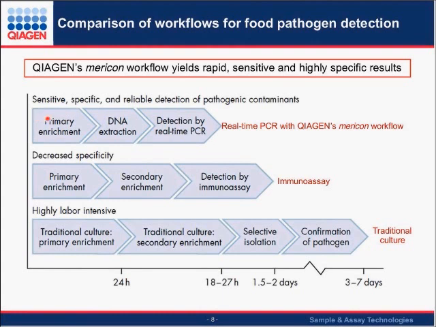At that point, you would take the DNA from your enrichment culture, extract it, and then detect by real-time PCR. This gives you your answers in 18 to 27 hours of your entire time. So you're really looking at less than a day, and generally somewhere in the vicinity of 20, 21, 22 hours to get an answer with real-time PCR to know whether you have pathogen in your food or not.